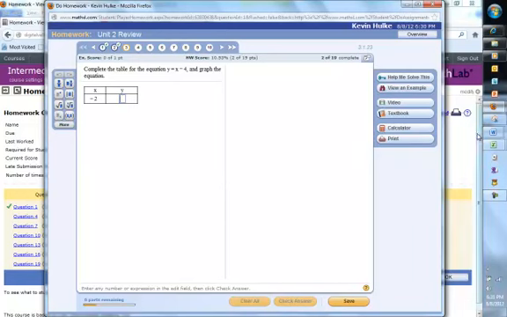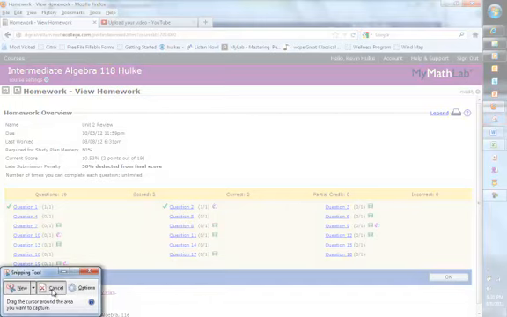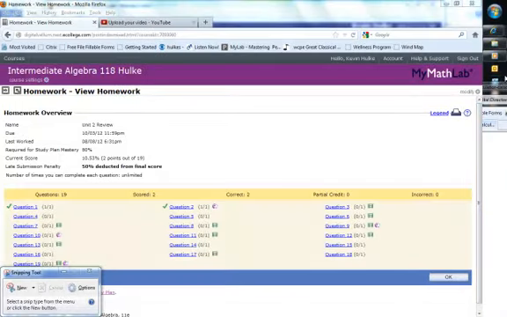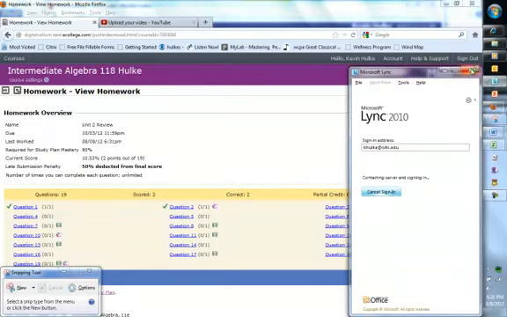Complete the table. Now what am I doing here?